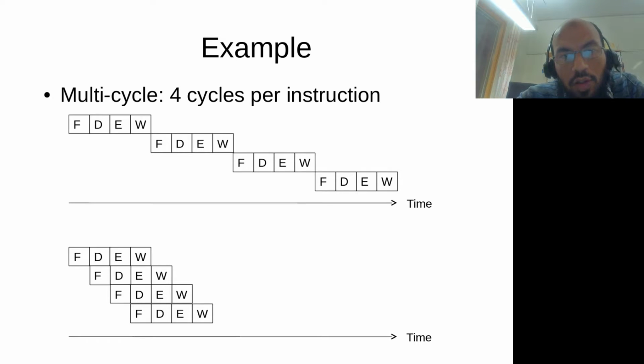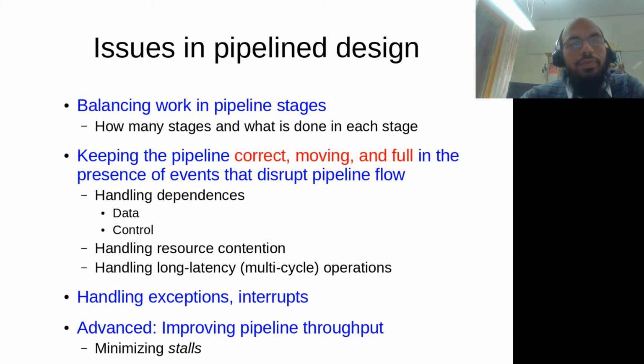But life is not that simple, right? There are issues. First of all, you need to choose a number of stages in your pipeline. So 4, 5, 6. What is the correct number? You need to keep the pipeline correct. And that's where it gets quite interesting, because you are handling dependencies.